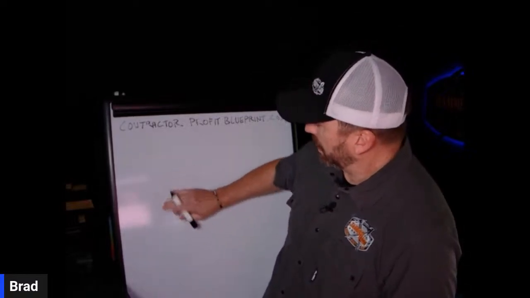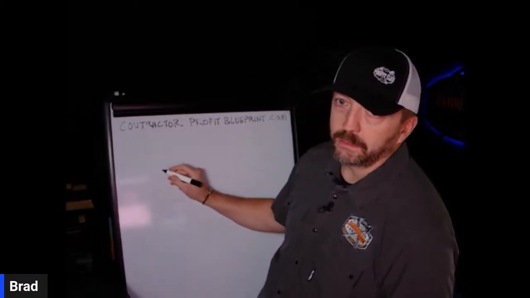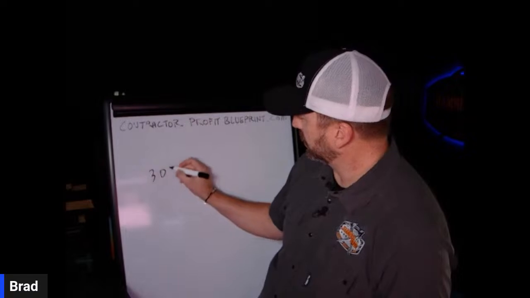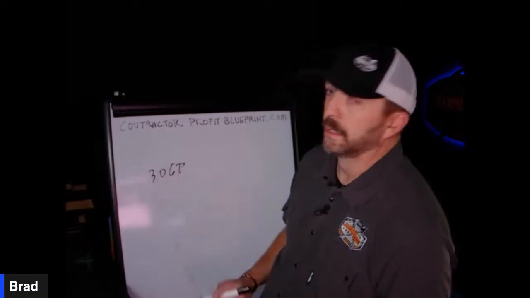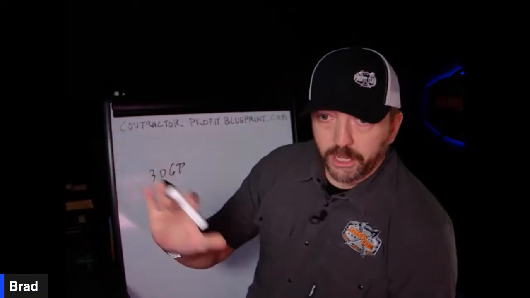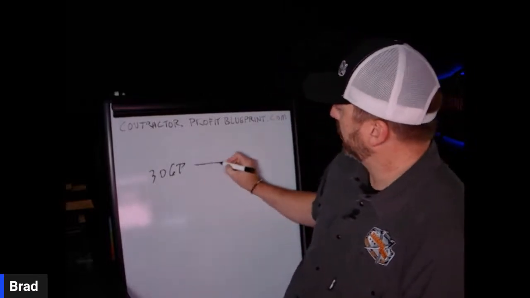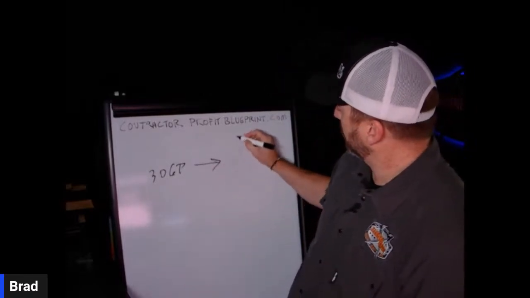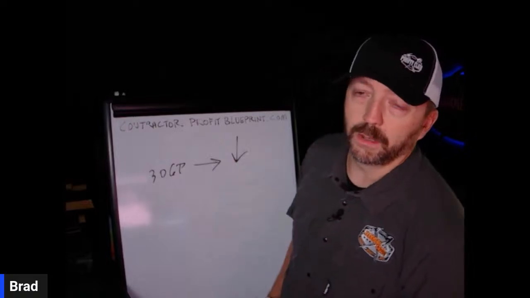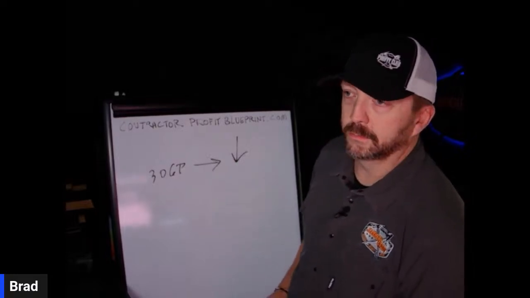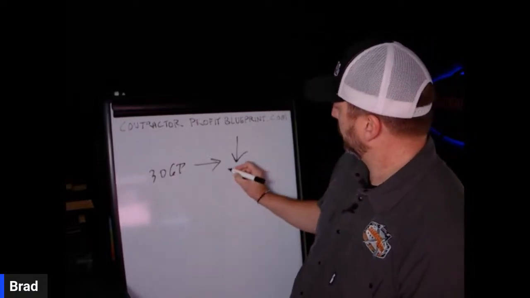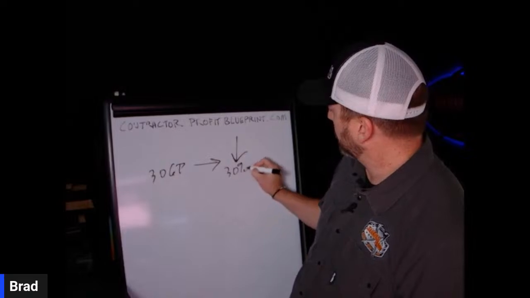Because most contractors that are in that 30% gross price range, where you're way underbidding, you're selling to the bottom of the food chain, the bottom 30%.